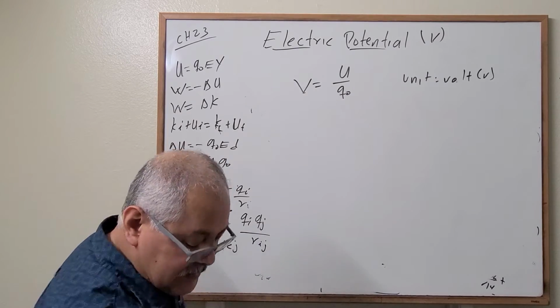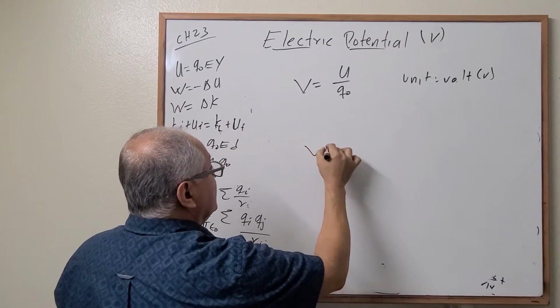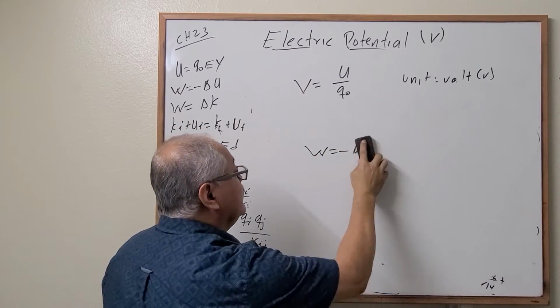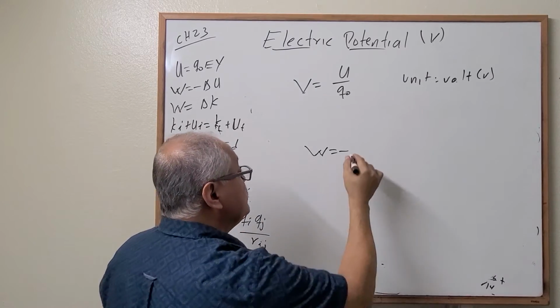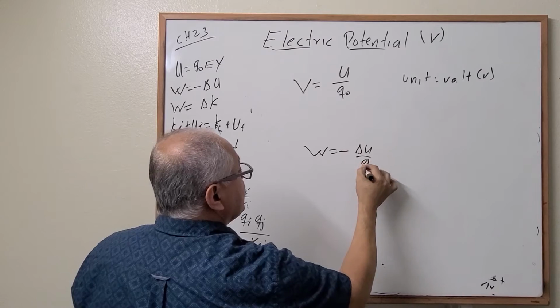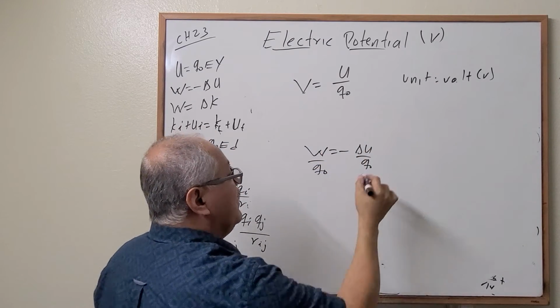Now, let's see. Well, we know that from this formula right here, work is equal to negative change in the electric potential energy, right? And then let's create this condition. Let's divide this by Q naught, and we divide this by Q naught. But what is this?